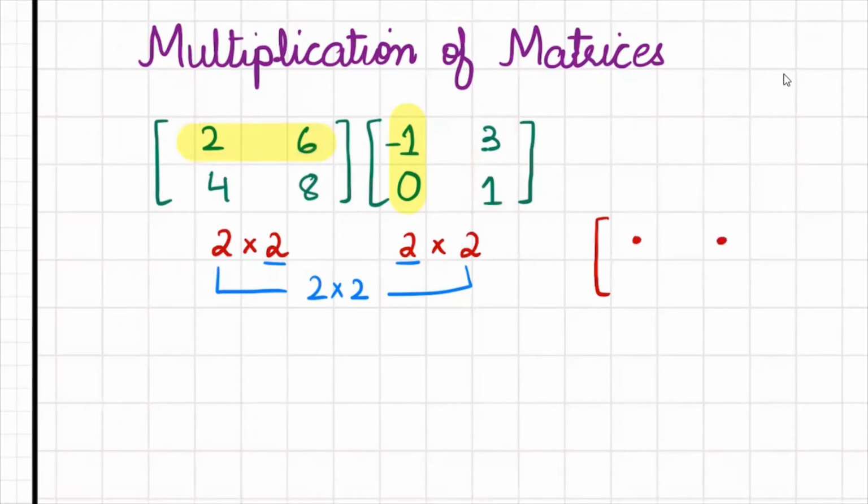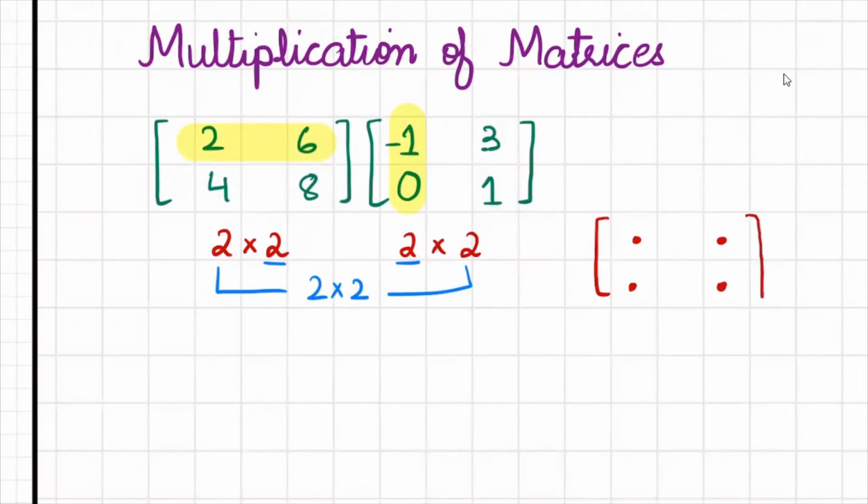What is this? How do you define it? This is the first row and the second column. Then I will be multiplying the second row and the first column, which would be this value over here. So let me just mark it. And in the end, the second row and the second column, which would be this over here.